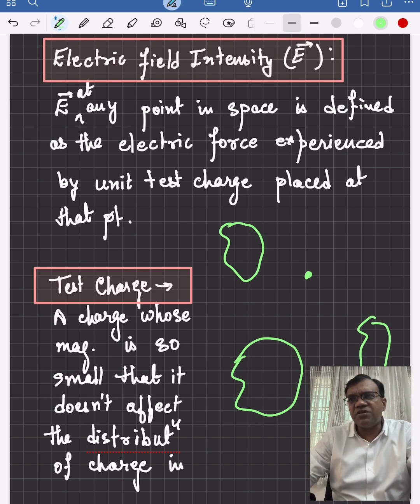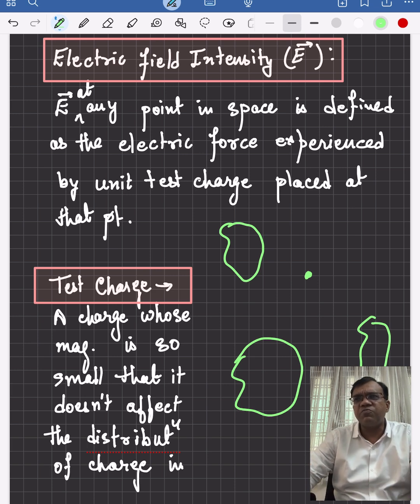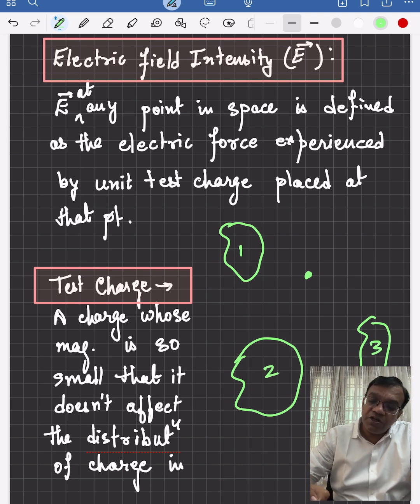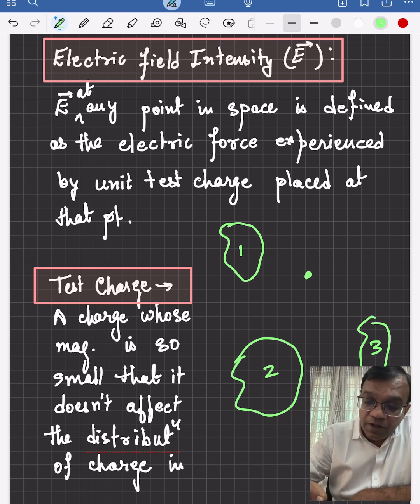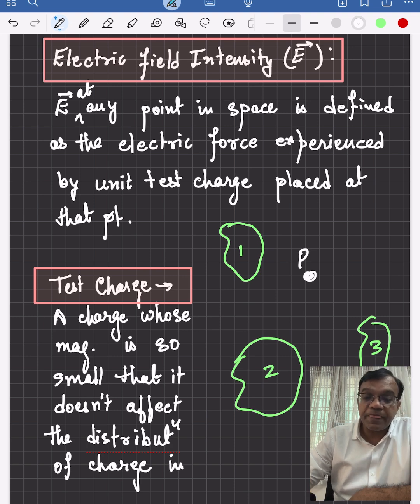It may be extended, it may be Q1, Q2, Q3, it may be a point charge, whatever it is. Only for the example I have taken 3. And we are interested in finding the field intensity at this point P.